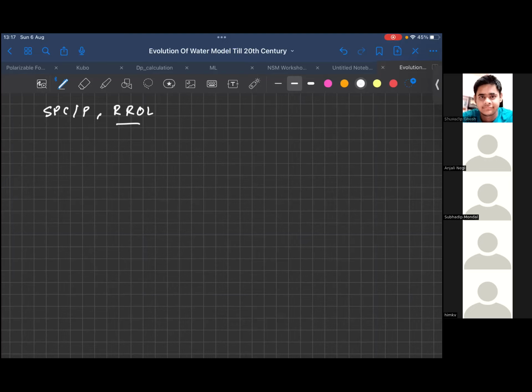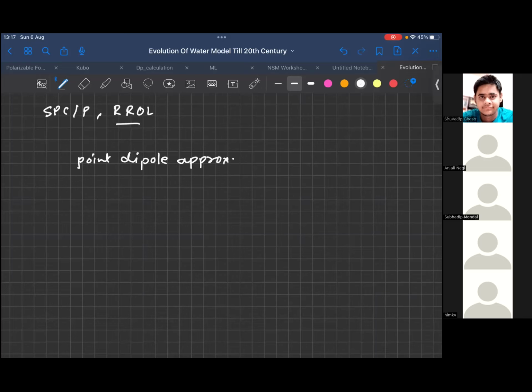So these two things: one is this point dipole approximation, and this can be a problem.